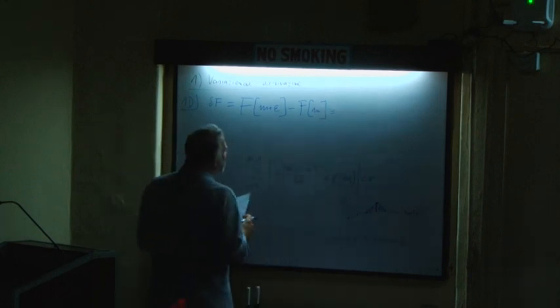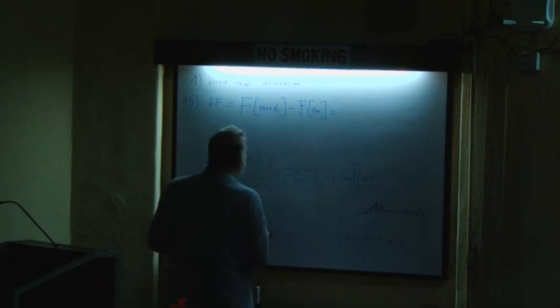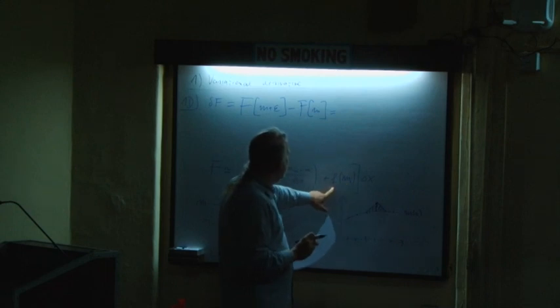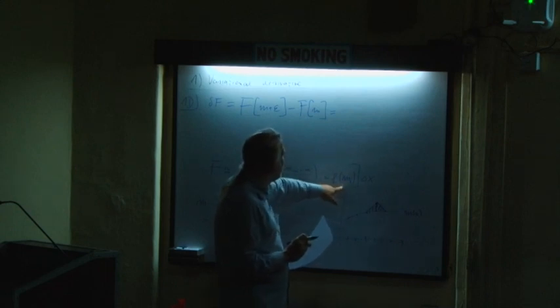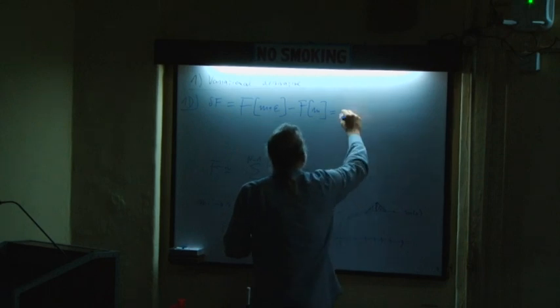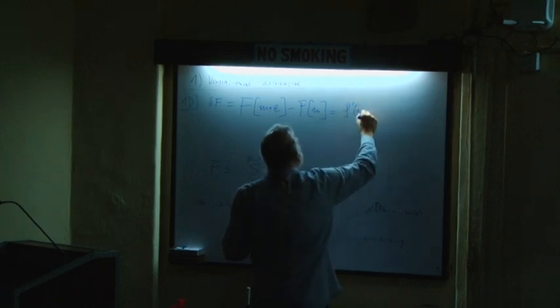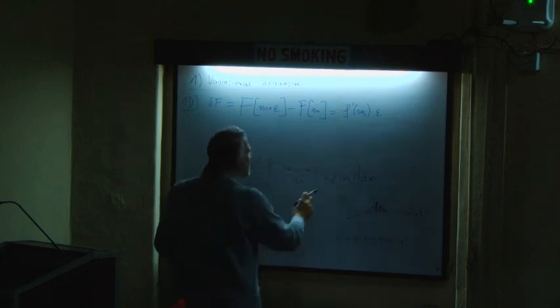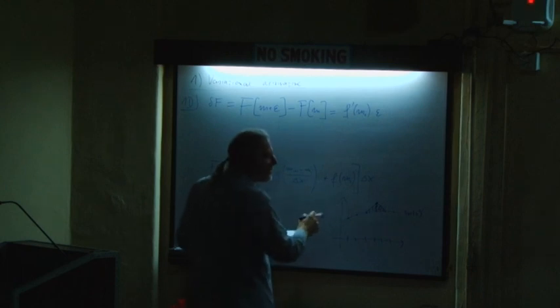For example, if I change the value of m_i by an amount epsilon, of course here I will have f of m_i plus epsilon instead of f of m_i, but this I can approximate by a Taylor expansion. So this, the local term, will give me f prime of m_i times epsilon. That's the change that I induce in this term if I switch from m_i to m_i plus epsilon.